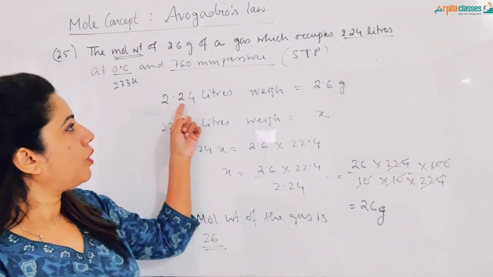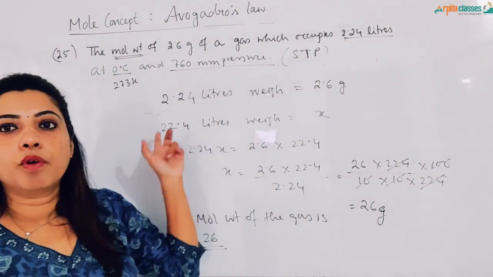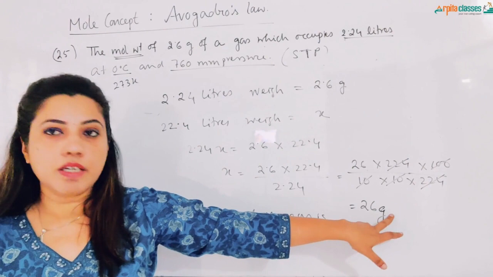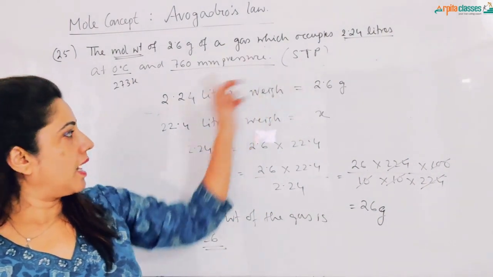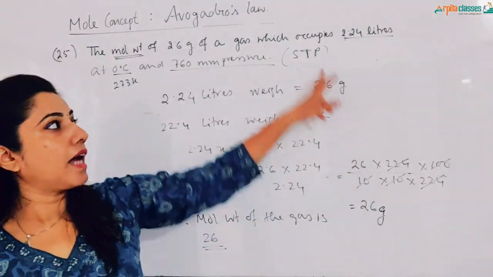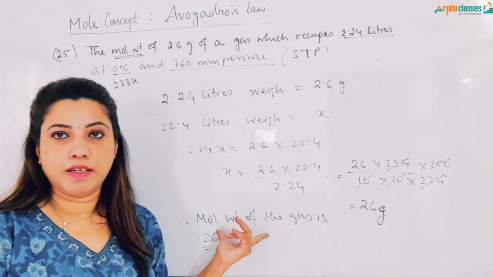So we did: 2.24 liters of the gas occupies 2.6 gram. Therefore, 22.4 liters occupies how much? This is the weight which the gas occupies at STP, and 22.4 liters of gas occupies this much weight at STP. Therefore, it is the molecular weight, right?